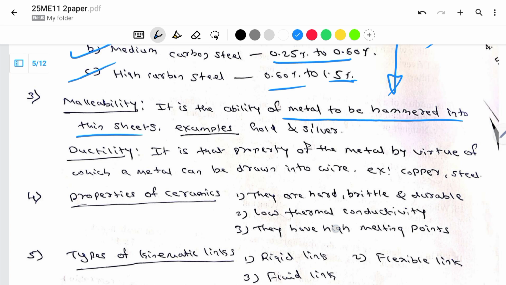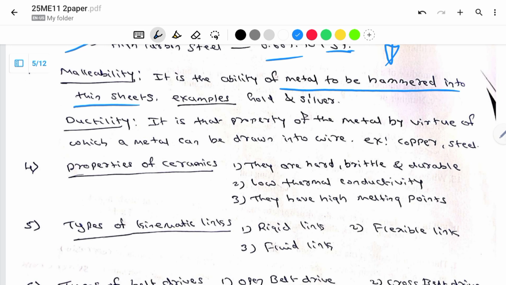Only if it has the malleable property can you roll it into a sheet. For example, silver and gold have more malleable property, and glass has more brittleness. Ductility means you can draw the material into a wire. It is a property of a material by virtue of which you can draw it into a wire. Copper and steel have more ductile property, so you can draw them into wire.